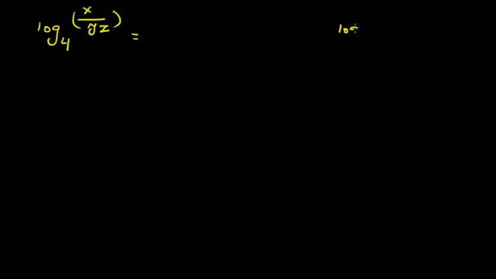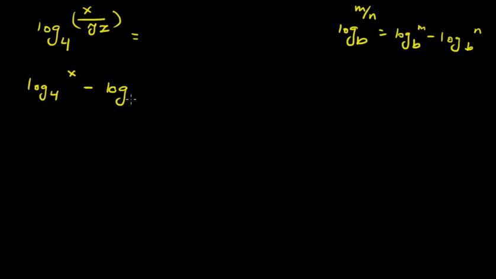We know the quotient rule says log b of m over n equals log b of m minus log b of n. So we can rewrite this one as log 4 of x minus log 4 of yz. But yz is a product.